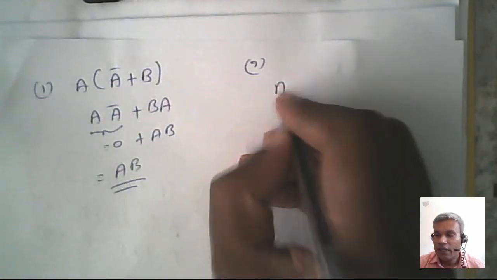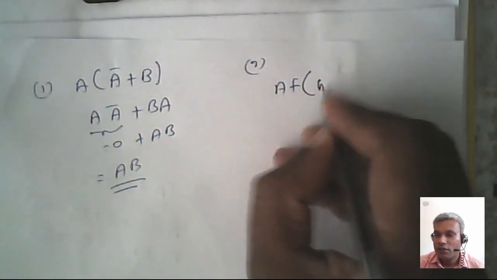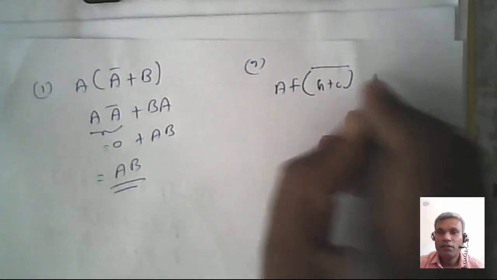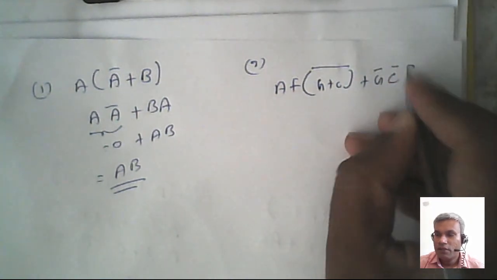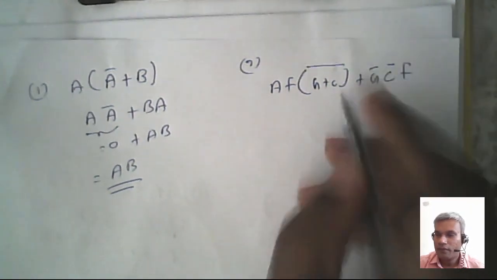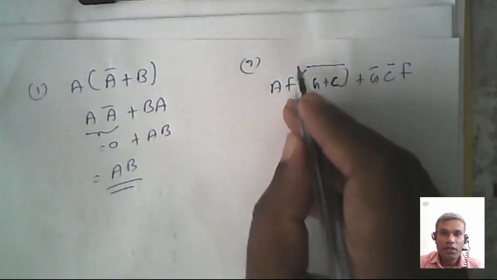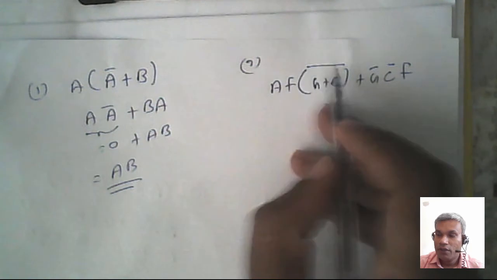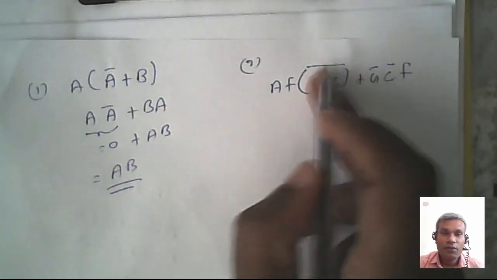Second question says A F and then you have G plus C bar plus G bar C bar F. Now you can see there is a parenthesis, but you have a total negation at the top. You have a bar. So we have to use De Morgan's law if you want to simplify this part.